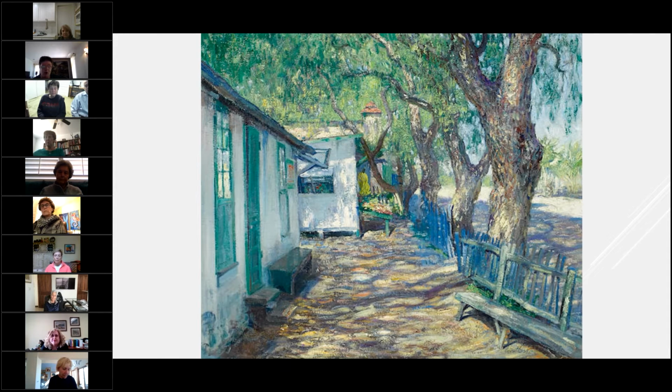So this is also Guy Rose, and this is San Gabriel in 1914. So Guy Rose was originally from Los Angeles, and he's significant because he provides the formal and direct link between French Impressionism and American and California Impressionism.